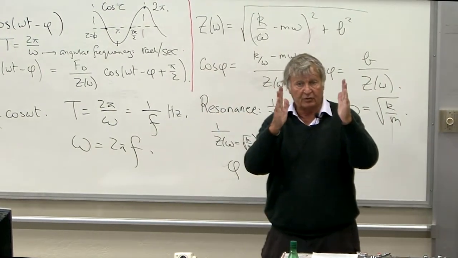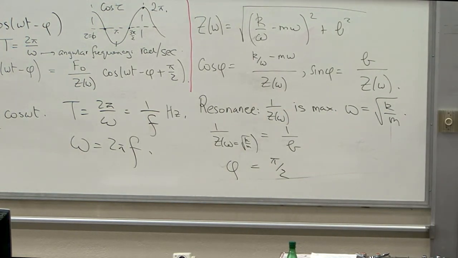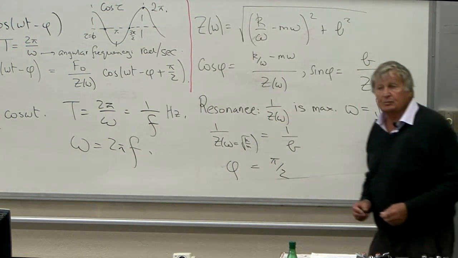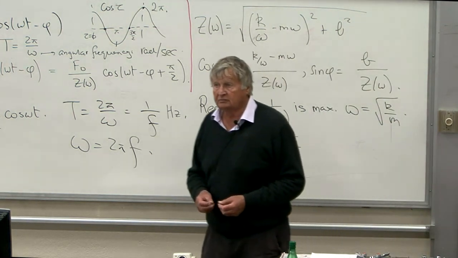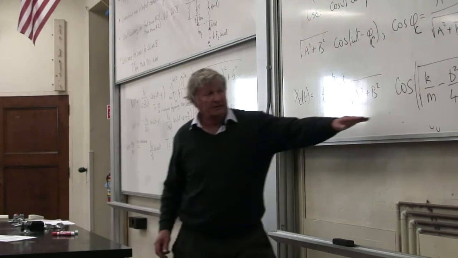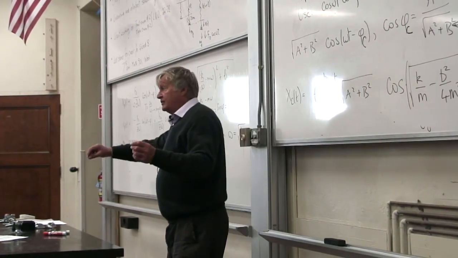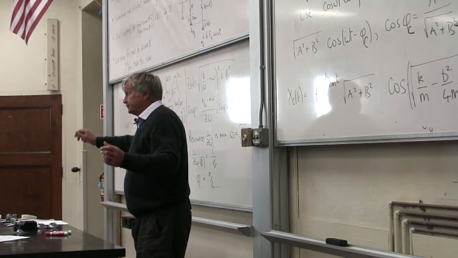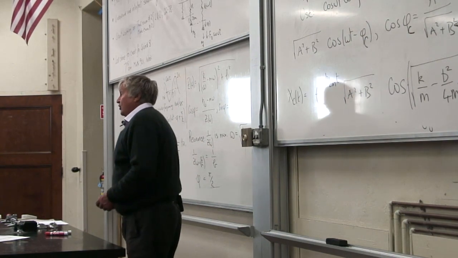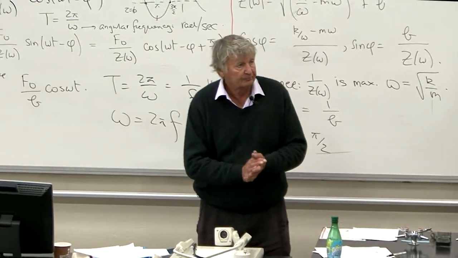But the distance between them in time will indeed be 2 pi over that frequency. The distance between zeros of this function will be pi over this frequency. So even though it's not periodic, it does have a repeating structure. I'll show you how to write the velocity next day, but that's enough for now.